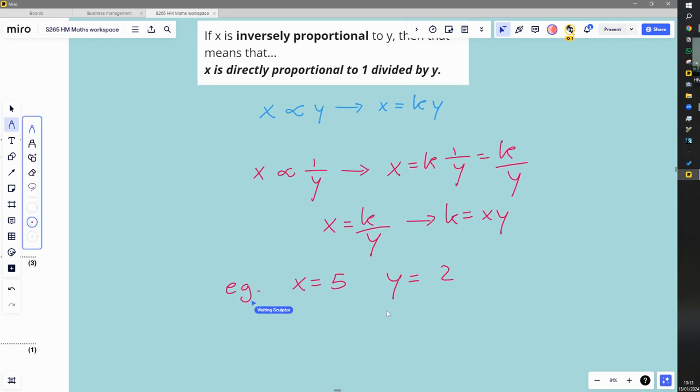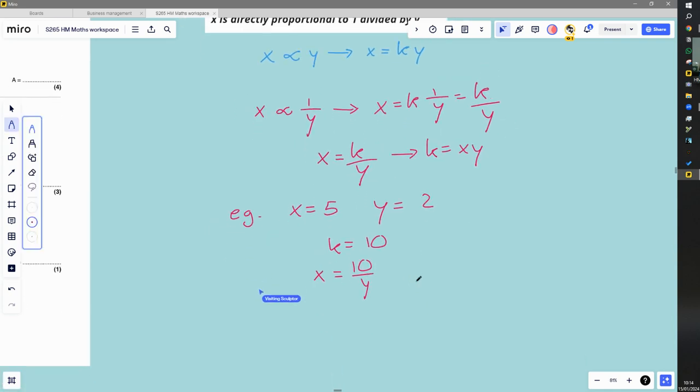What's the equation that relates them? Well, k is equal to x times y, so k is just going to equal 10. This is if x is equal to k over y. So the equation that relates x to y is x is 10 over y, because that's what k is.